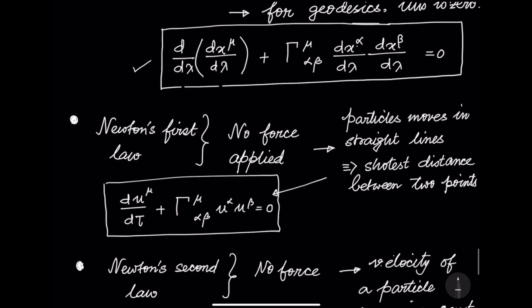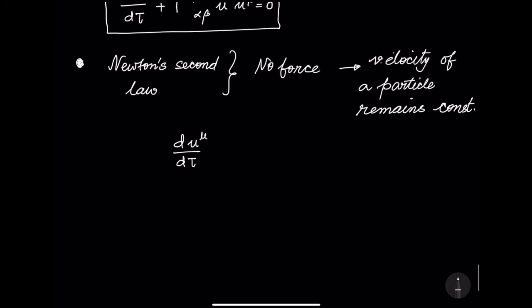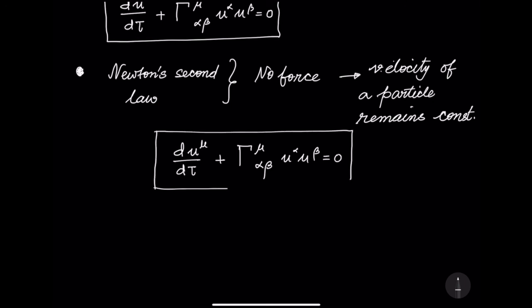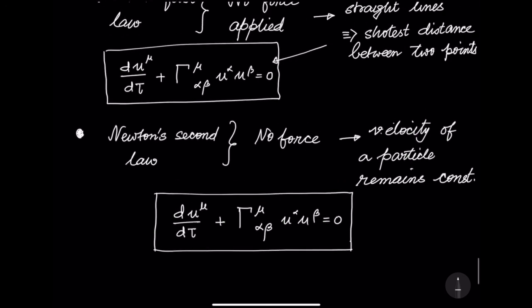See, if lambda is tau, then dx mu d tau is u mu, which is the four-velocity, and you are taking the derivative of that with respect to tau again, and you will see that this will again boil down to what we called the expression for geodesic, and it's exactly the same as what we had here.